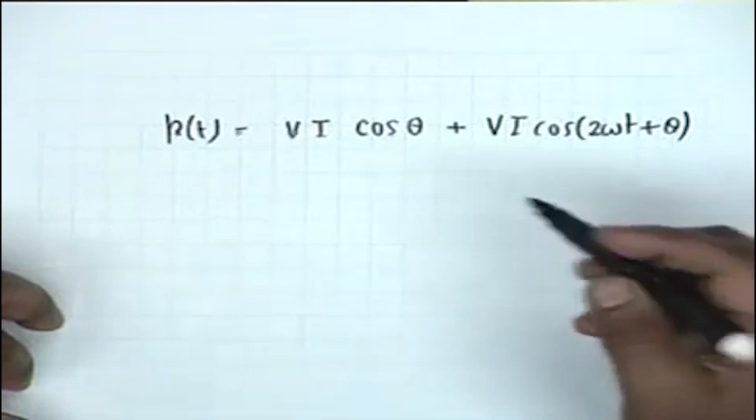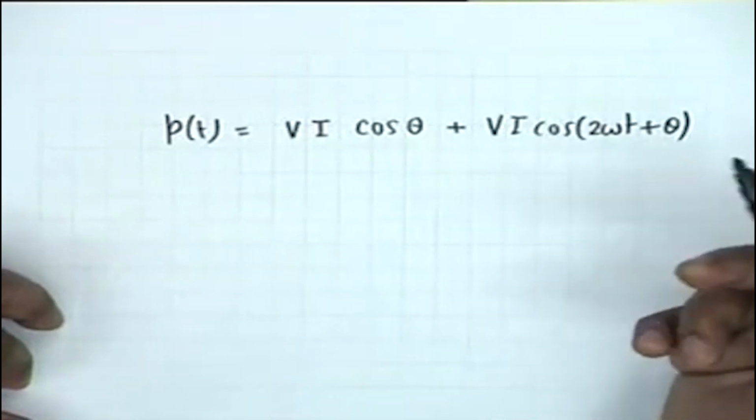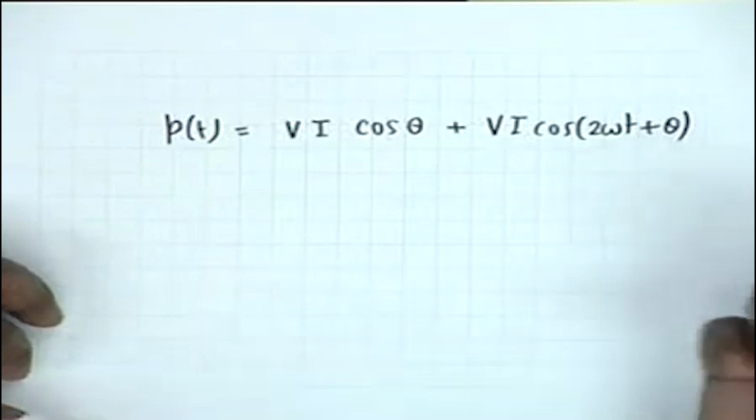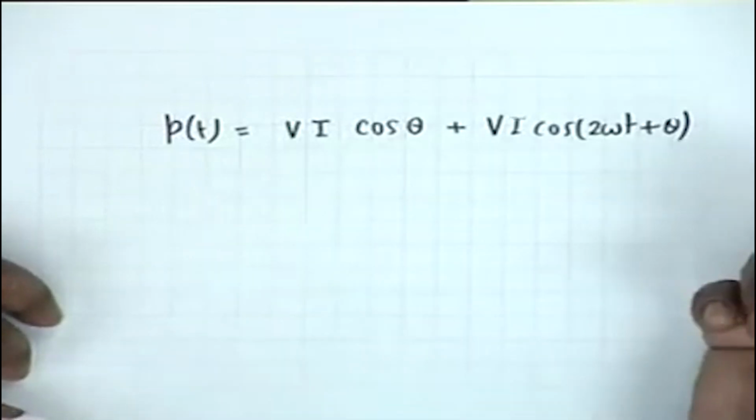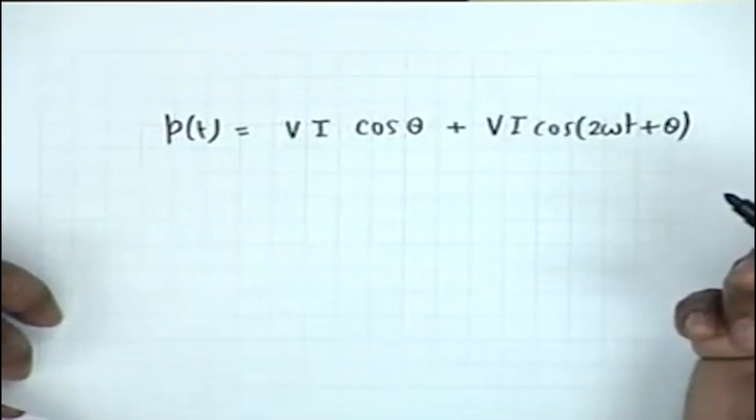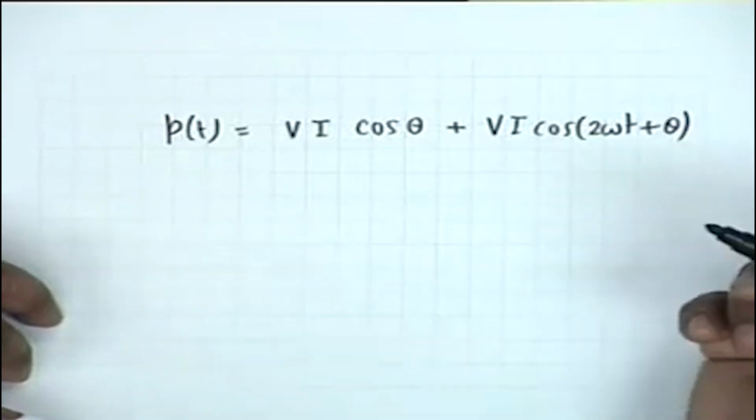Cosine of A minus B, whether you take omega t minus theta or the other way around, does not matter, because cosine of minus theta is equal to cosine of theta.